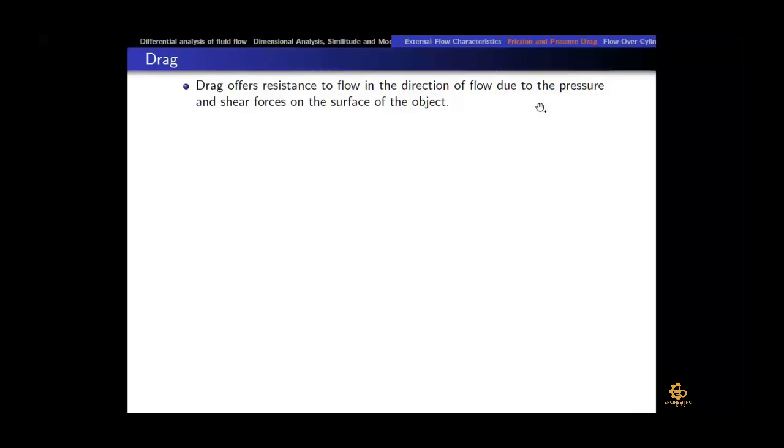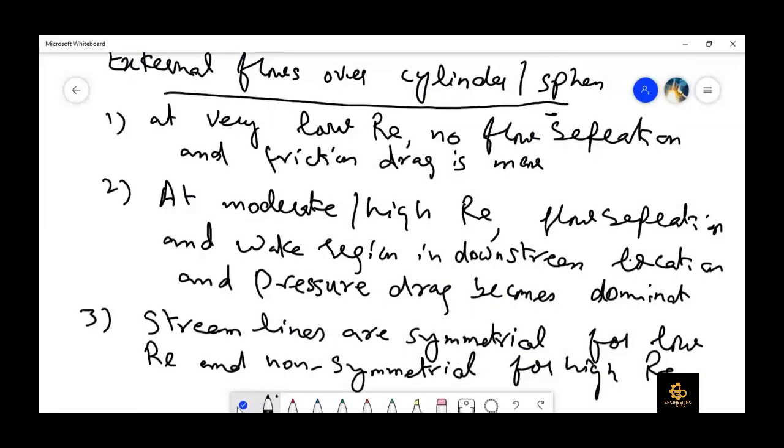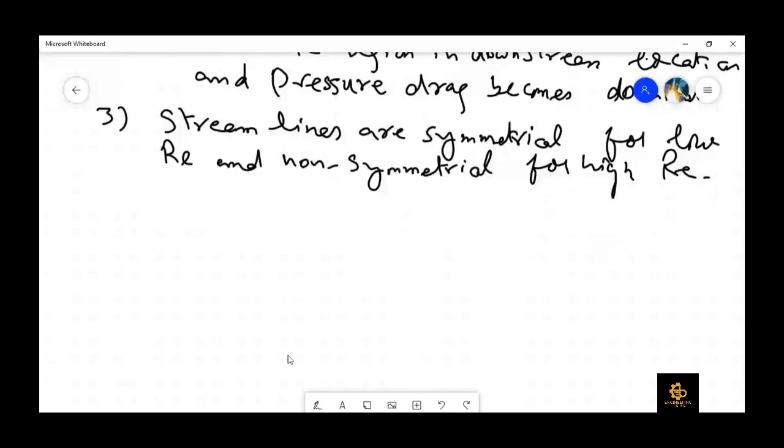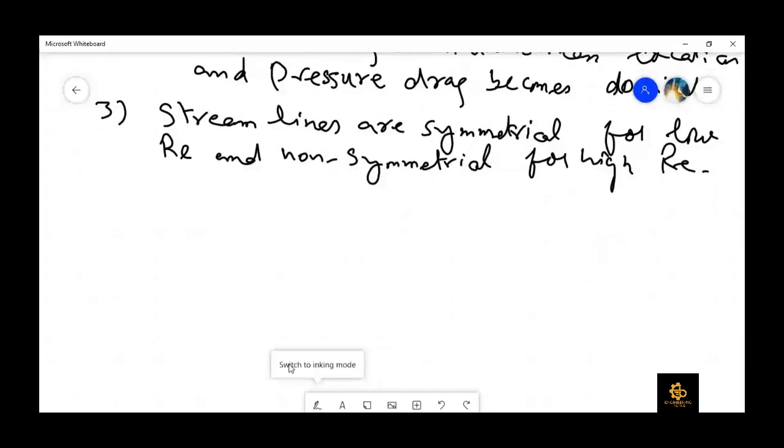Right. So there are two types of drag forces, as we mentioned in the previous lecture as well. What are those two types? As we discussed in the last class, let me write it here.